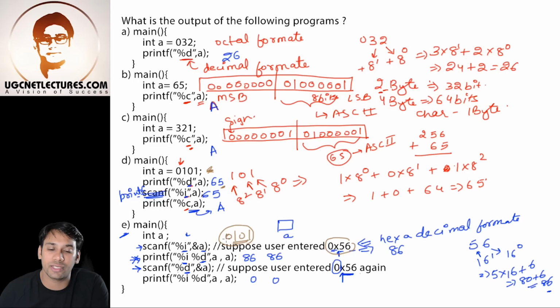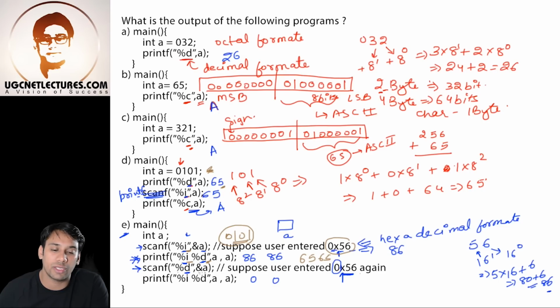As the user has entered a number which starts with 0, this %I is going to assume that this number is an octal number. So whenever you print the value of this number, this statement is going to print 65 and 65.